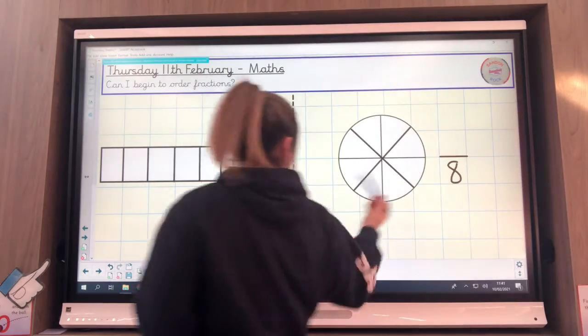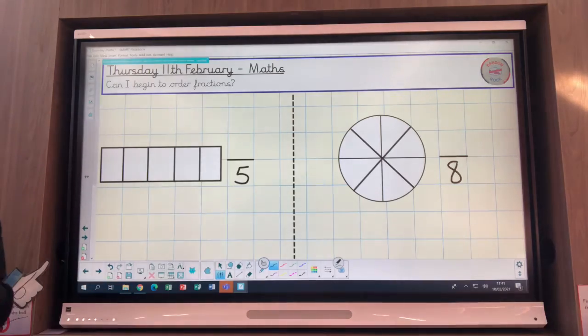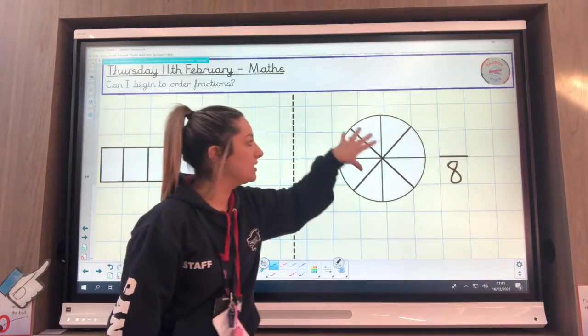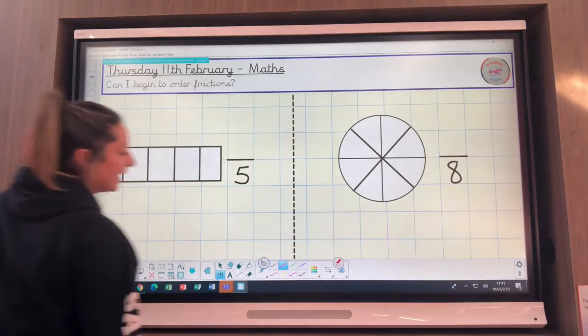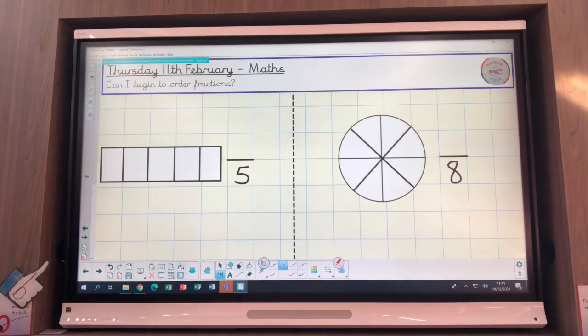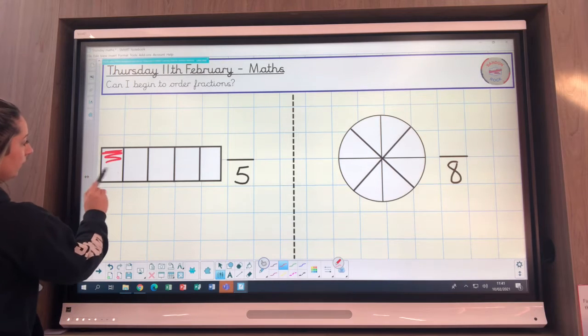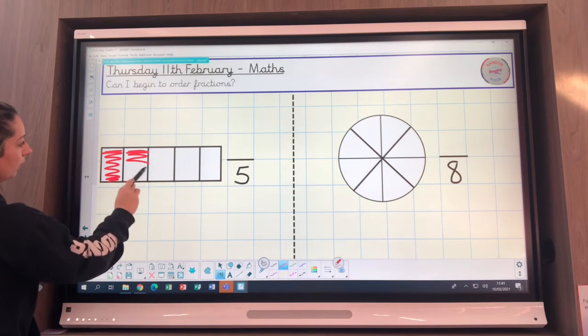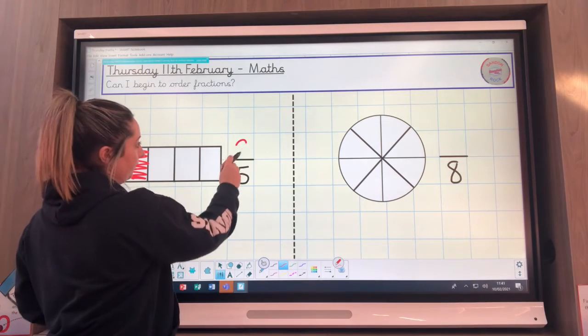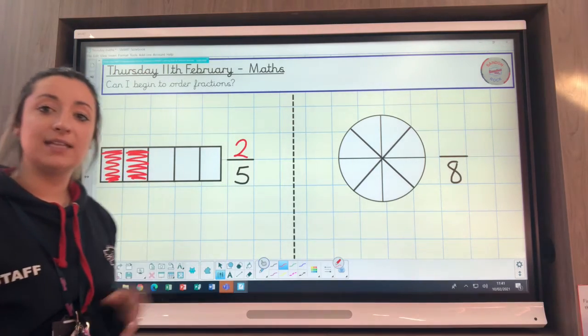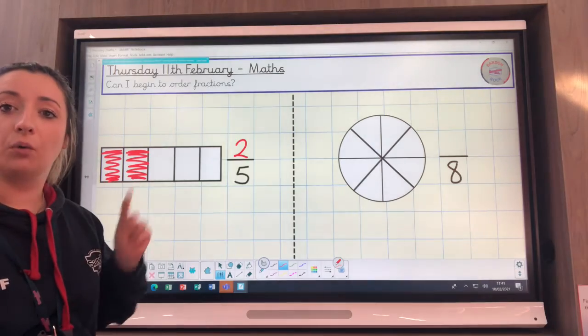Right, so the more parts there are, the bigger the denominator is. So there are more parts in this section here. Right, so I'm going to shade again and we're going to see which one is going to be bigger. I'm going to go for 2/5. Okay, so 2 is my numerator because that's how many of those parts in the whole are shaded.